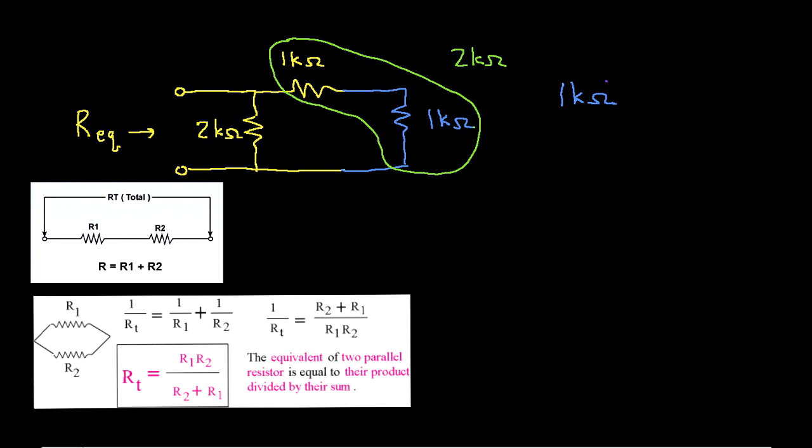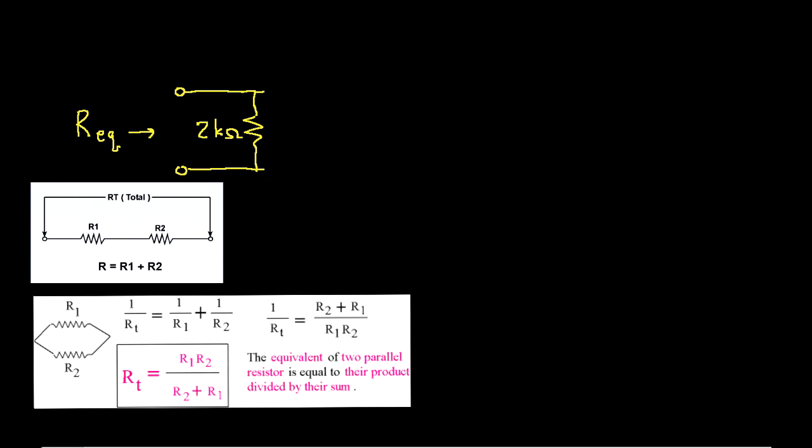So I will chop away the series combination and replace it with the equivalent 2 k ohms, and now I need to see if I can combine these resistors.